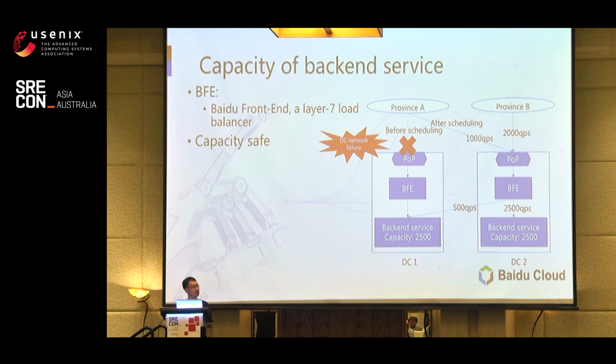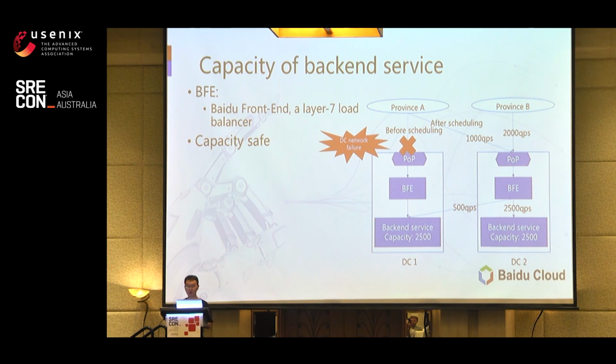Therefore, we consider adding a layer to Baidu's internal network to implement traffic rebalancing. We built BFE, a layer 7 load balancer, to schedule requests from a busy service in one data center to a less busy service in another data center.